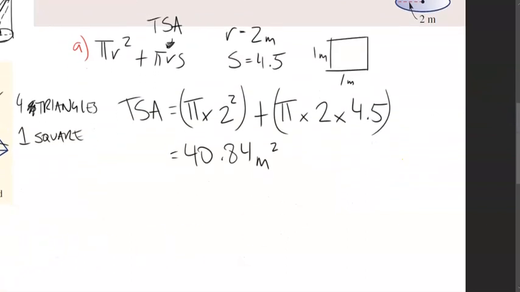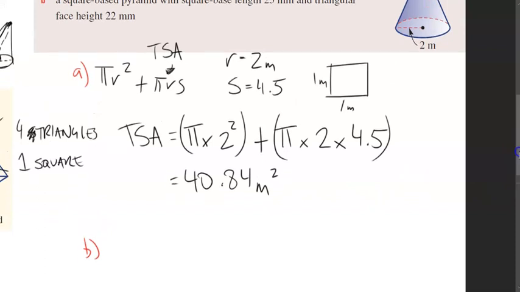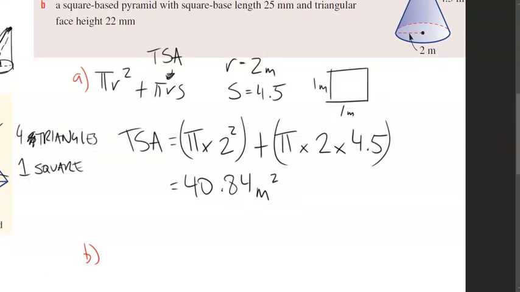And B, the last example here, we're going to look for the total surface area. I'll scroll back up again. Here we go. A square base pyramid. So this pyramid looks something like that, with a square base length of 25 millimeters. So it's 25 mil, and also again 25 mil, and this will be 25 mil everywhere.